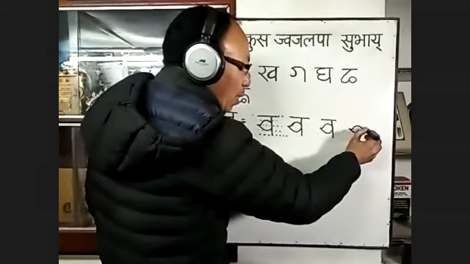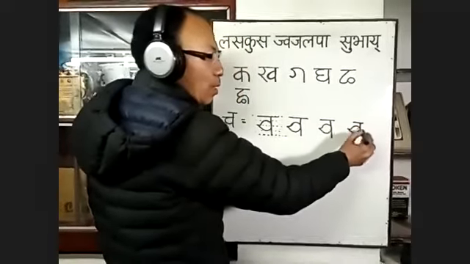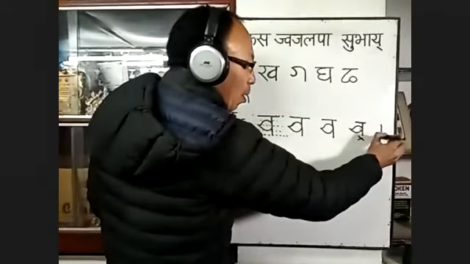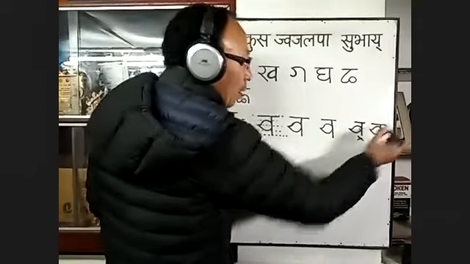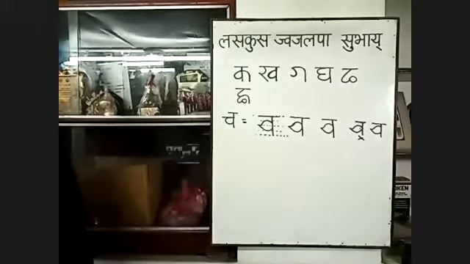It shouldn't be like this. This is too close, right? So you must give some space. This is so. Any confusion?